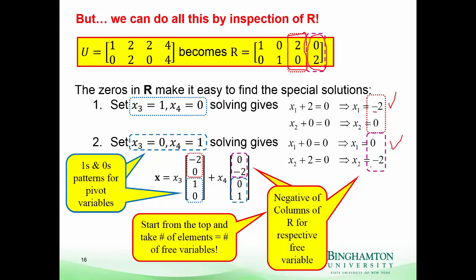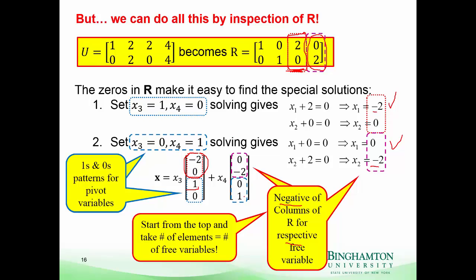Notice that there's a negative sign. So what we really need are the negative columns of R for the respective free variable. So for the one where x3 is equal to 1, we go to the third column that corresponds to x3. We take that column, negate it, and put it up in the top, in the top for this example. We'll see in the next example how we have to interweave them.